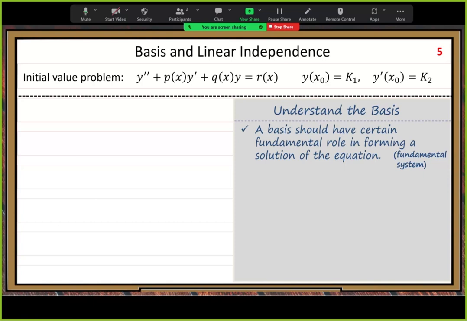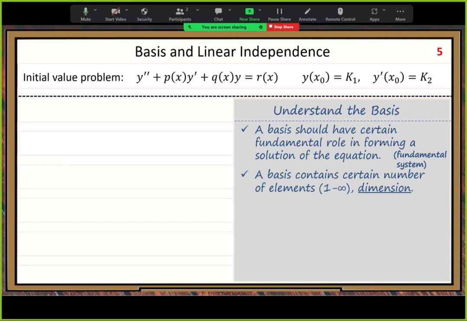When we choose one, we try to choose it as simple as possible. So it's a basis, not the basis. A basis contains a certain number of elements, the functions inside. That number could be from 1 through infinity.